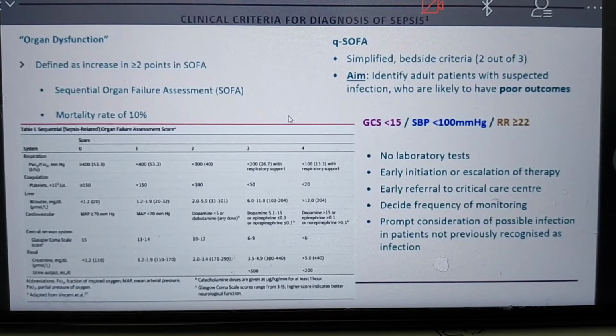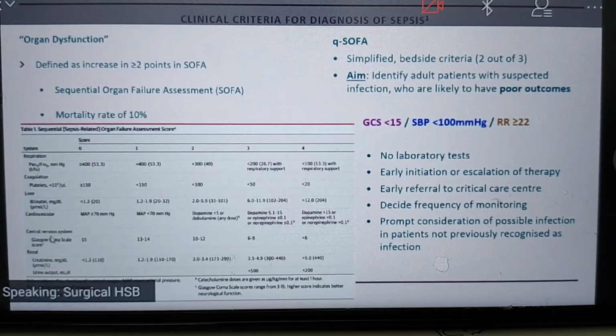So as we can see here, this is the table of the full SOFA score. The SOFA score covers the respiratory system, then coagulation profile, liver, cardiovascular, the brain or central nervous system, and then the renal system, and also urine output.